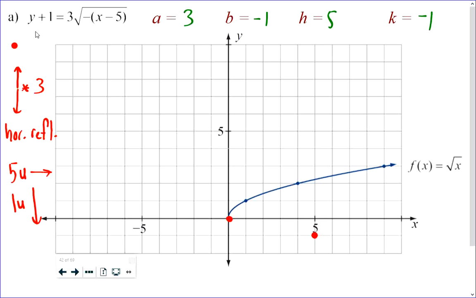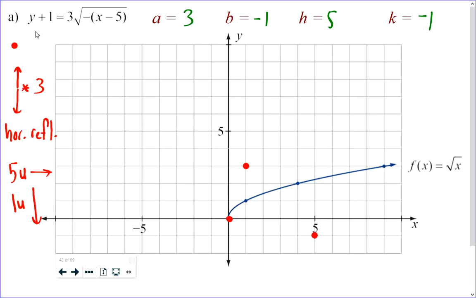Well, let's take another key point. Another key point is at 1 comma 1, because when x is 1, the square root of 1 is 1. I am going to stretch that vertically by a factor of 3, which means it will be 3 times further away. Not 3 squares further away, 3 times further away. So it was 1 away, now it's 3 away.